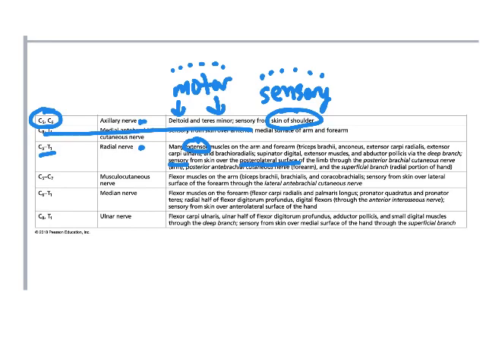Okay, musculocutaneous nerve comes from C5 to C7, and that's going to give you a lot of the flexor muscles of the arm. So biceps brachii, brachialis, coracobrachialis. But it's also going to give you sensory information from the lateral surface of the forearm through one of its branches. So again, know what the motor function is and the sensory.